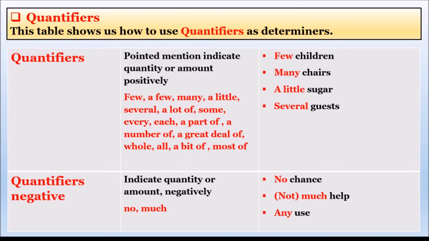Okay. And when we talk more about determiners, the grammar world is divided on whether determiners are classified as adjectives. In traditional grammar, determiners are classified as adjectives, but many contemporary grammarians insist that determiners are not adjectives.